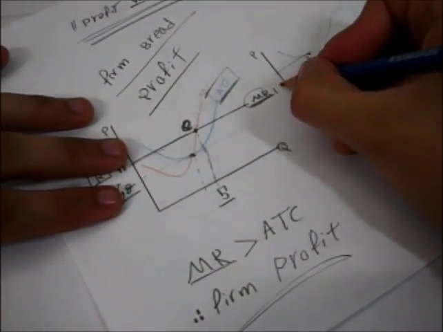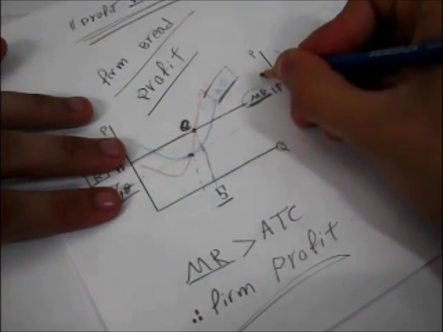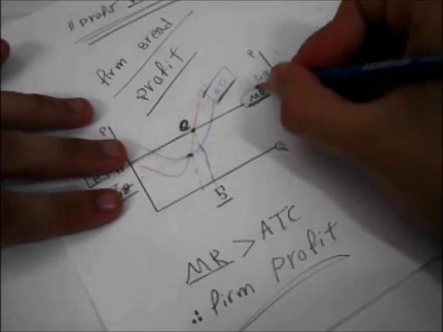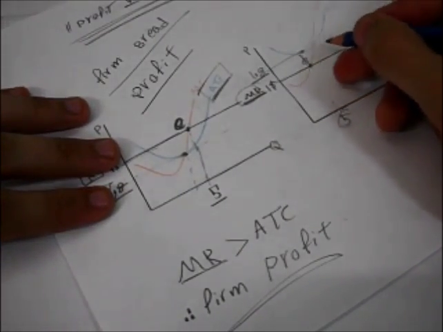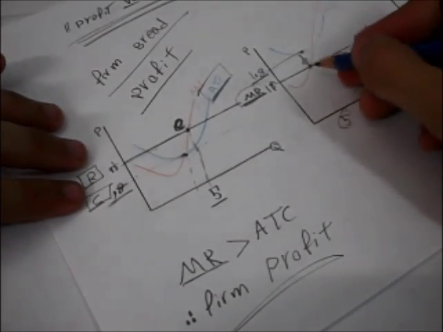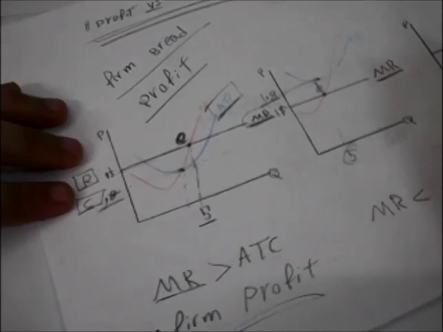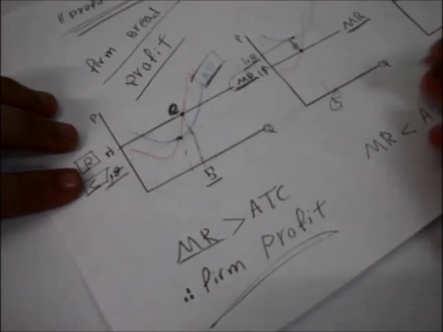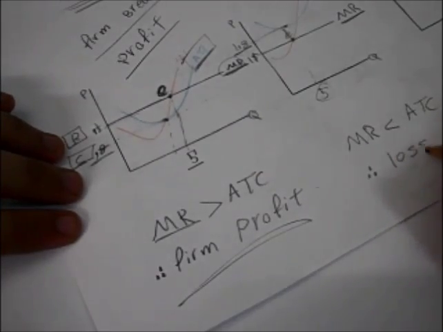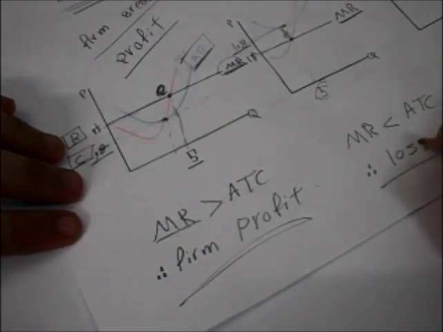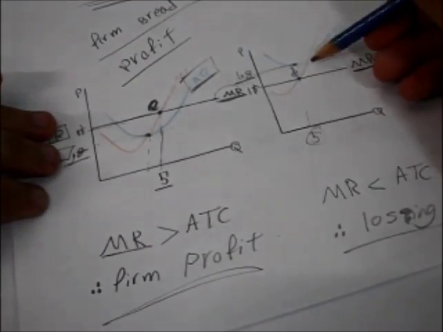Let's say the revenues are $1 and the cost is, let's say, $1.80. So it's making more losses than what it gets. The marginal revenues are less than the average total cost. That's why the firm is losing, by this amount.